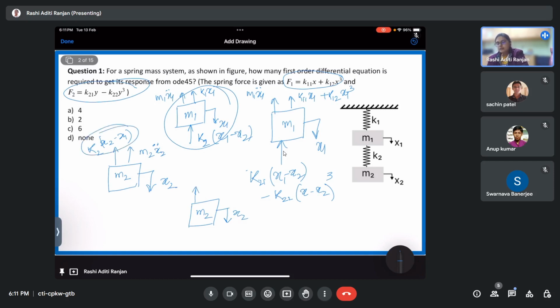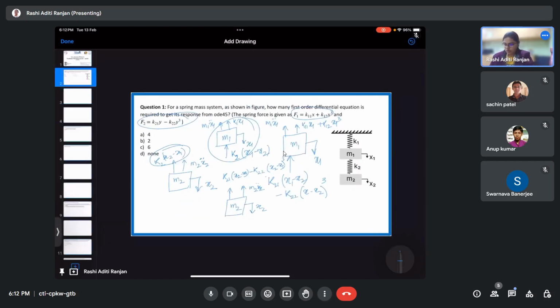The inertia force is going to be the same, only the spring force is going to be changed because of the nonlinear spring. What is going to happen? It will be K2 (X2 minus X1) minus K21 and K22 (X2 minus X1) whole cube.